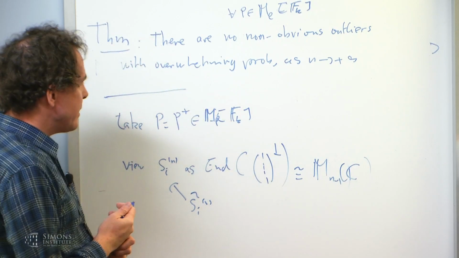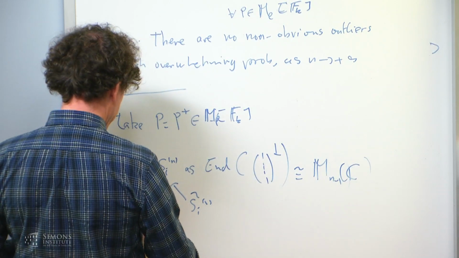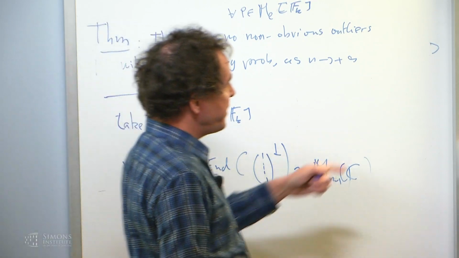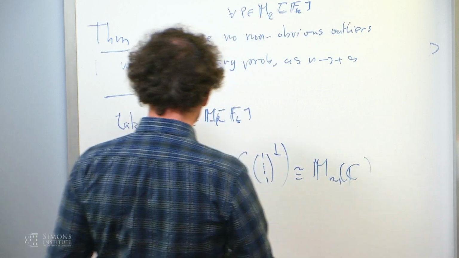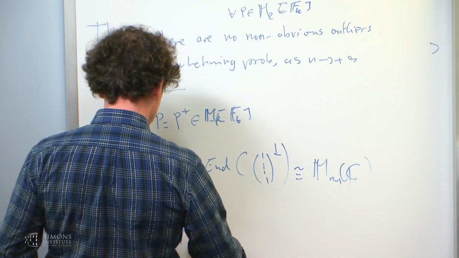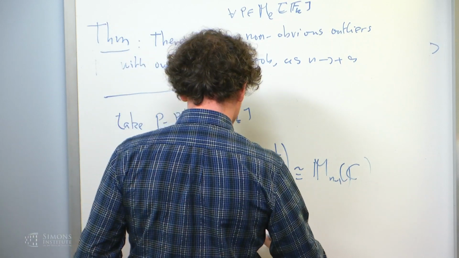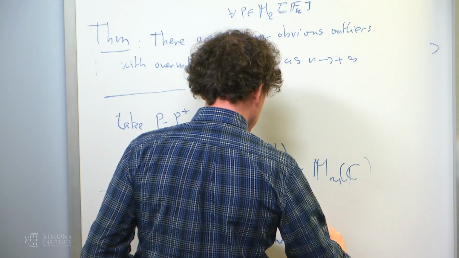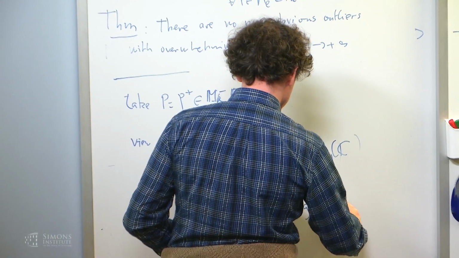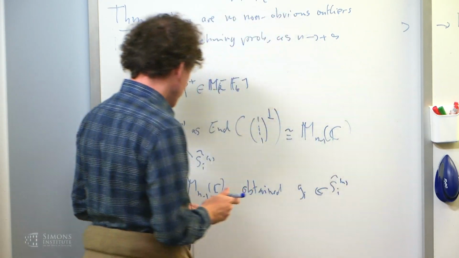And then I define P tilde n, which is a matrix in M n minus 1 of C, obtained by replacing not S i but S tilde i n.